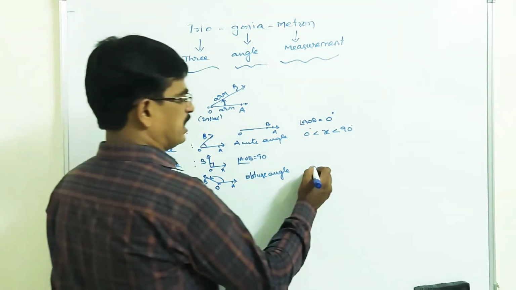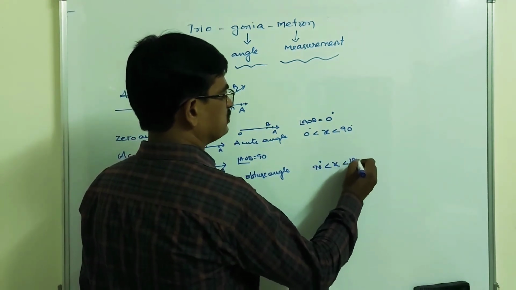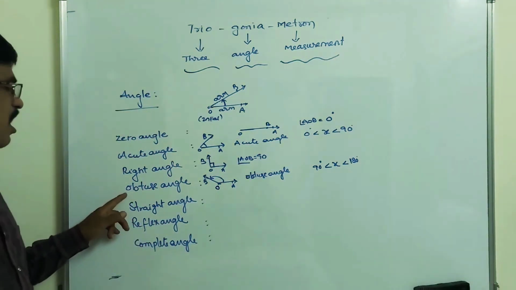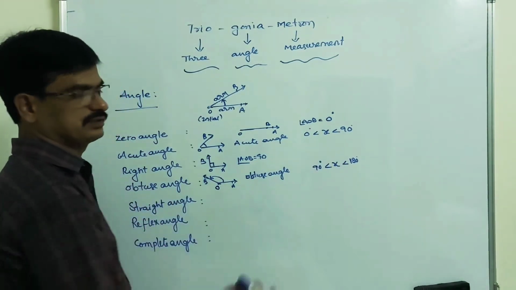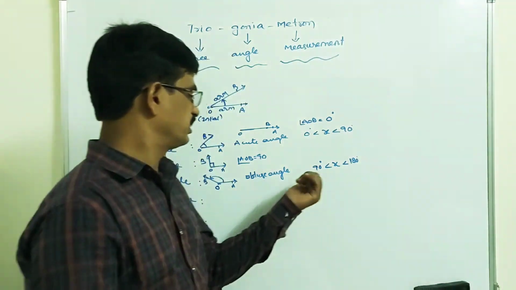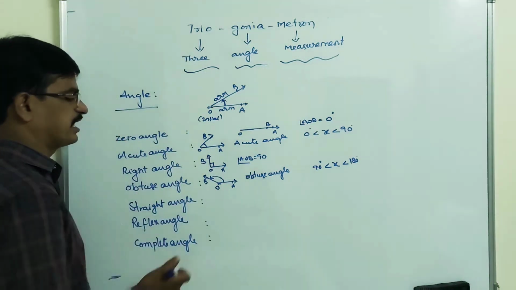That is, an angle whose measure is greater than 90 and less than 180 degrees is called an obtuse angle. For example, 100 degrees is greater than 90 degrees and less than 180 degrees, so 100 degrees is an obtuse angle.